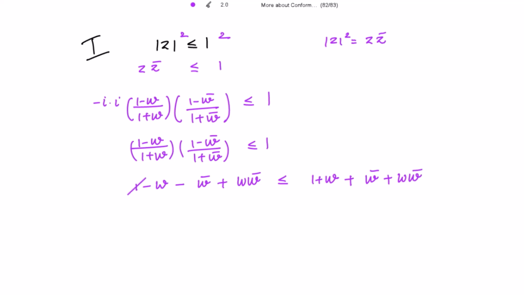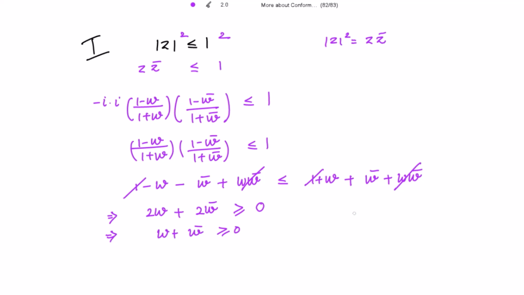So this 1 is cancelled out, and this w w bar is cancelled out. So from here, let's take this negative w to the other side, we get 2w, and taking this minus w bar also to the other side, we get 2w bar, and this is greater than or equal to 0, which implies w plus w bar is greater than or equal to 0.